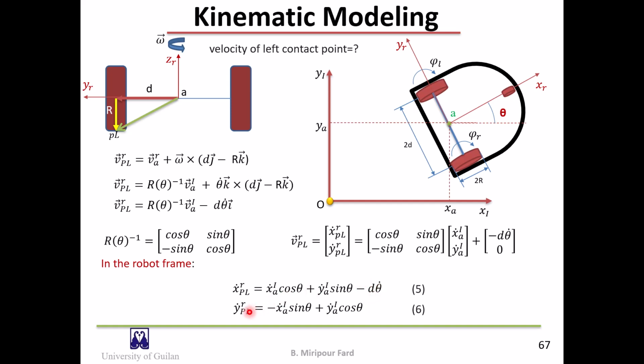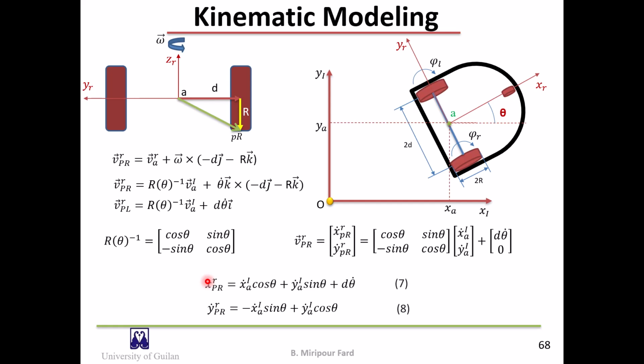And you can see the relation for the y components. In a completely similar way, the components of the velocity of the contact point of the right wheel with the ground can be obtained. Equations 7 and 8 show these components.